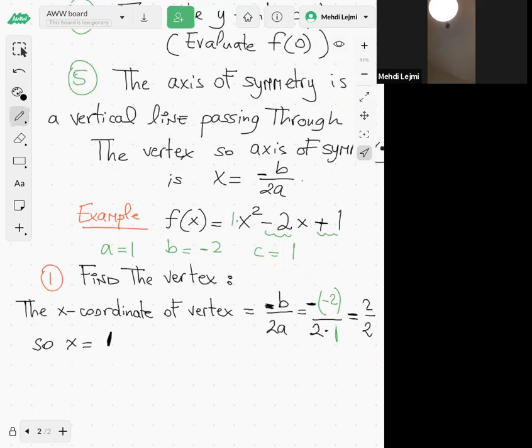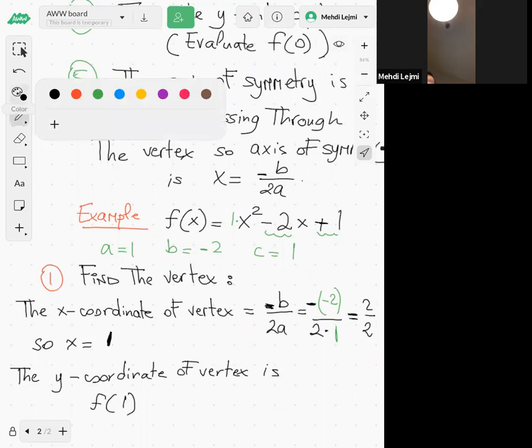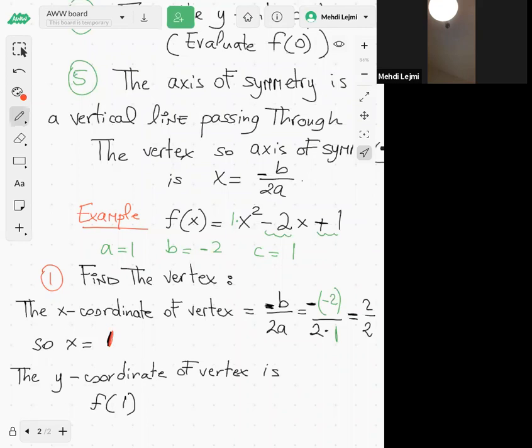What about the y coordinate? It's just the image of 1. So the y coordinate of the vertex is f of 1, because I got 1 as the answer for minus b over 2a. That's why I'm evaluating f of 1.